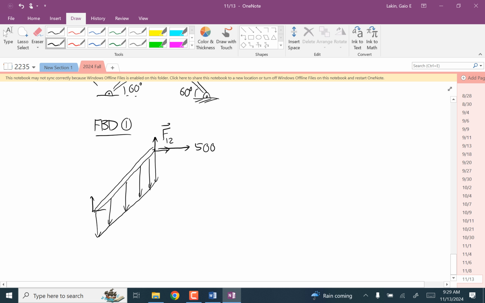And down here, you have your RA. So how would we calculate the internal loads in something like that? To think about internal loads, we just always think about this thing being horizontal. But now you have a distributed load that isn't perpendicular to the beam.